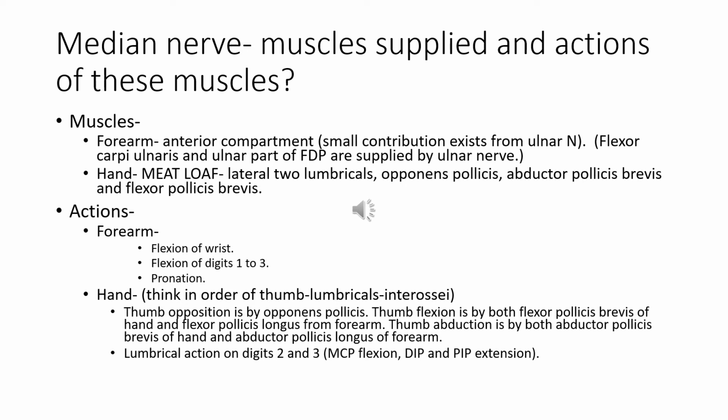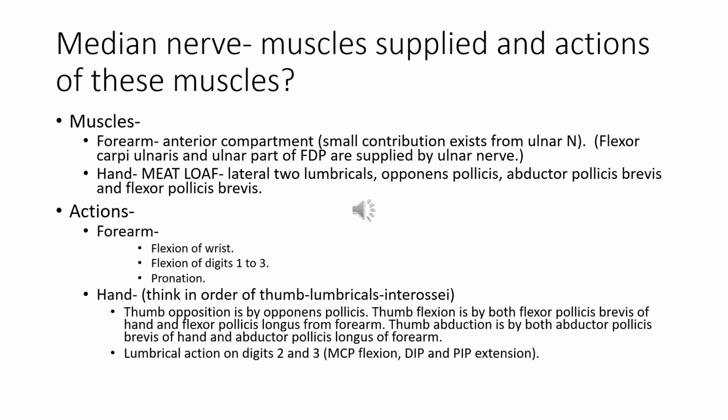Now, thumb opposition is by the opponens pollicis. Thumb flexion is by both flexor pollicis brevis of the hand and flexor pollicis longus from the forearm. Thumb abduction is by both abductor pollicis brevis of the hand and abductor pollicis longus of the forearm.